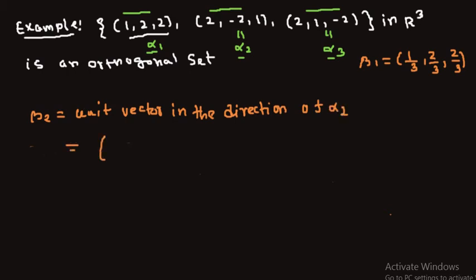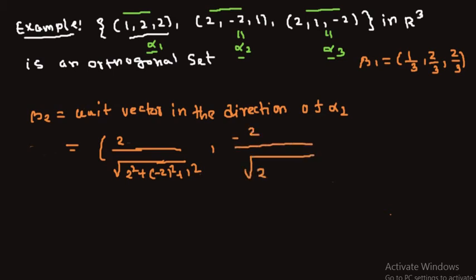So write the vector (2, -2, 1) and divide this vector by the square root of the sum of the squares of each component. So this is the trick to find a unit vector: (2 by square root of 2 square plus minus 2 whole square plus 1 square, comma, minus 2 by the same quantity, comma, 1 by the same quantity).